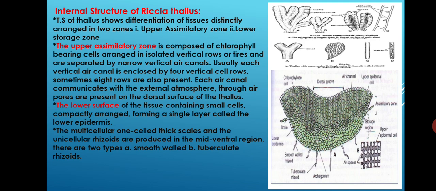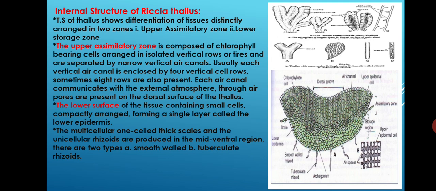Usually each vertical air canal is enclosed by 4 vertical cell rows, sometimes 8 rows. Each air canal communicates with the external atmosphere through air pores present on the dorsal surface of the thallus.